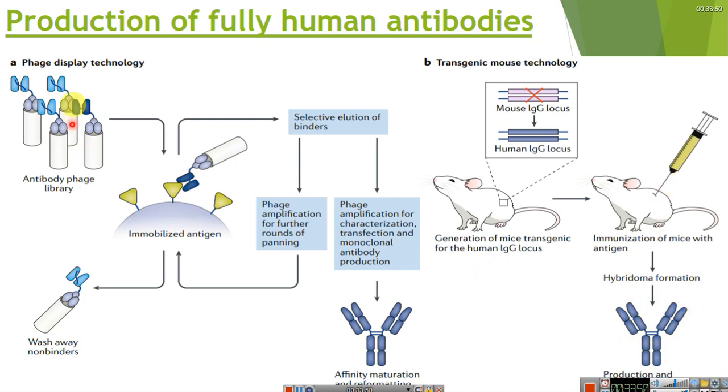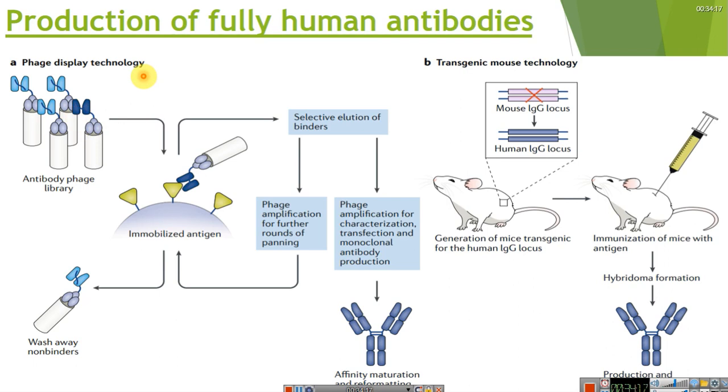Now what happens in another technique, the phage display technique? This is a very important technique to produce antibodies without the use of a mouse model. Different types of phages can be used to express antibody molecules as their surface proteins.